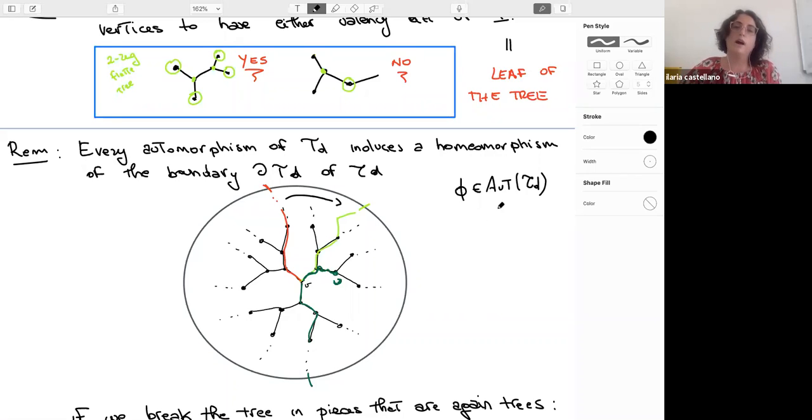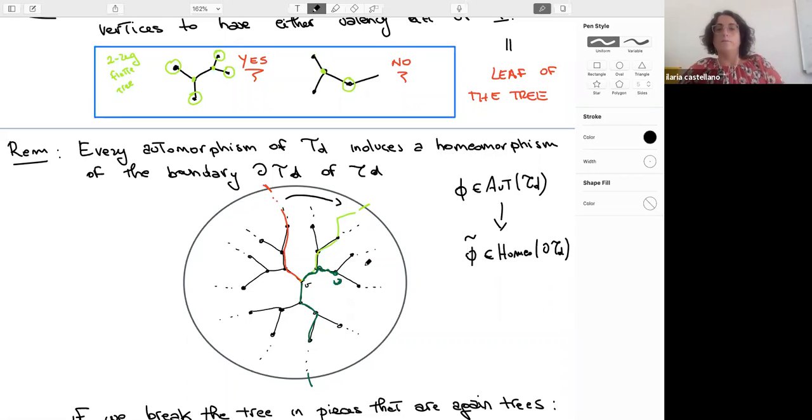So phi induces phi tilde in the group of homeomorphisms of the boundary. I'm not saying now that the boundary is a topological space with a topology, but you just believe that for the moment. It's easy to see how a permutation of the tree is going to give you a permutation of the points of the boundary.